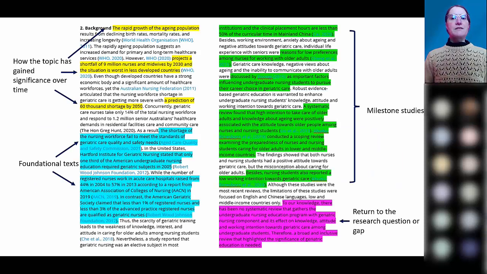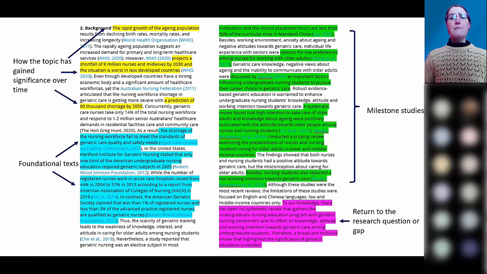Yan et al.'s background section shows how this can be done. They begin with how the topic has gained and is gaining significance over time by showing the rapid growth of the aging population and the shortfall of nurses that can't keep up. They show the contributions of foundational texts on the topic, referencing the work of numerous commissions, institutes, foundations, and associations.